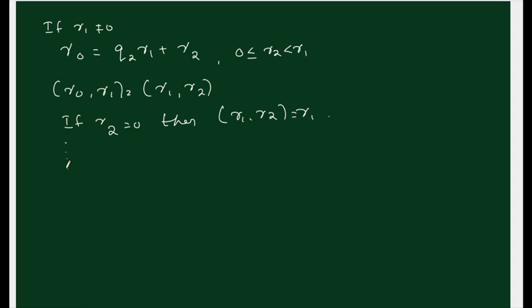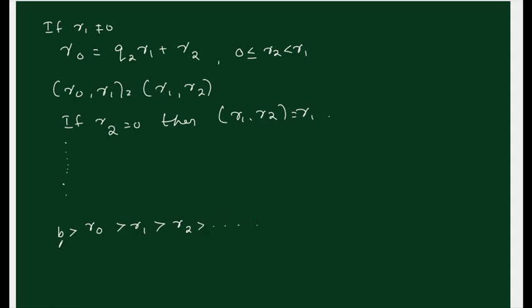So if we continue like this, after several steps, we will be getting remainders like this. First remainder is R naught, B is greater than R naught, greater than R1, greater than R2, etc. We keep on going like this.